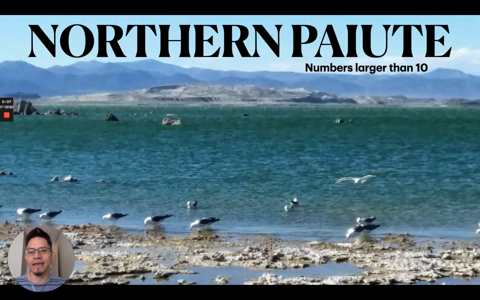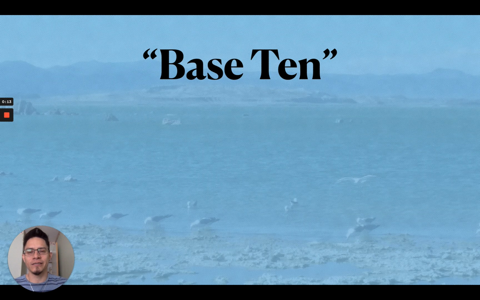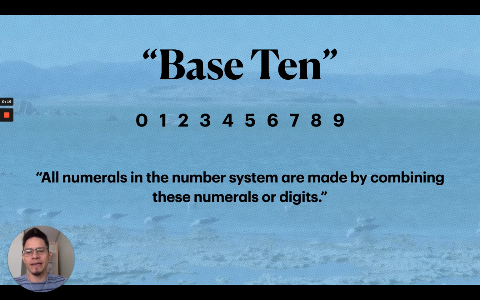As you can see, today we are going to be looking at numbers larger than 10. To start off with, Northern Paiute is a base 10 language. Essentially, that means that when you want to form larger numbers, say teen numbers or everything else, you form them by combining these base 10 digits, 0 through 9.